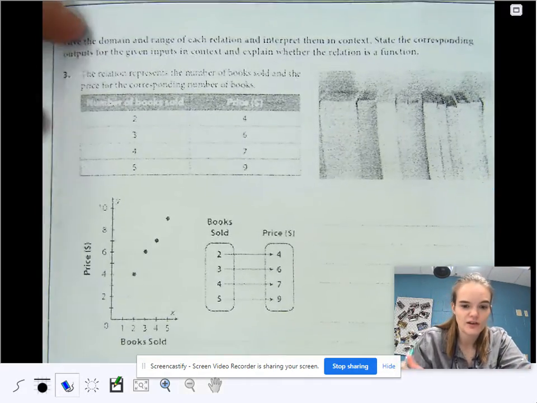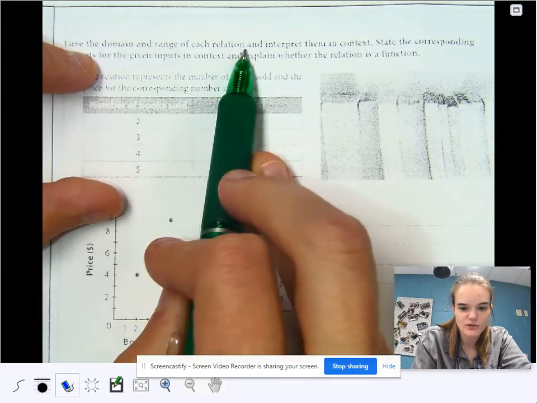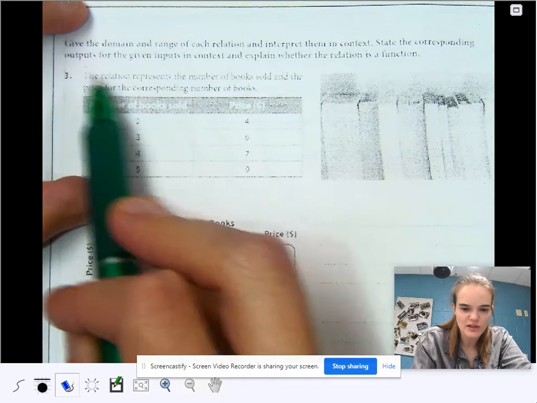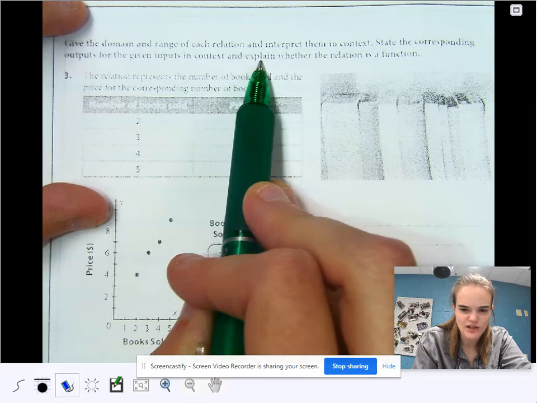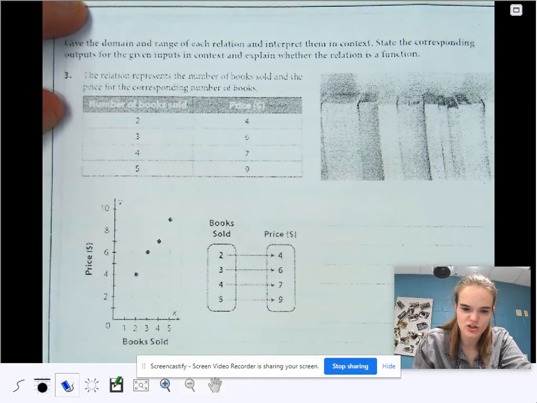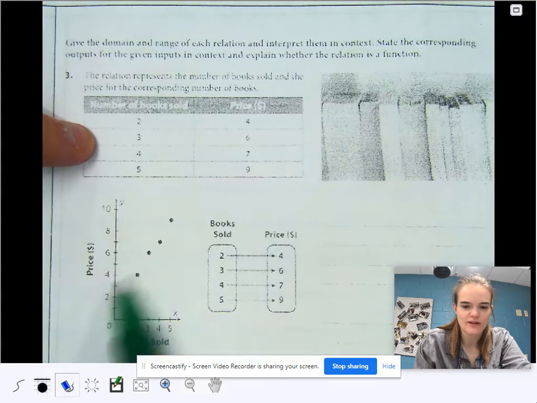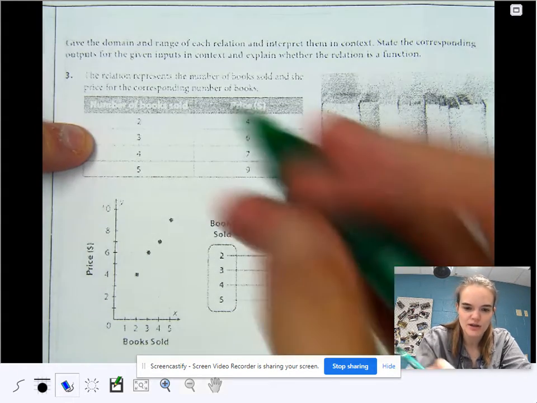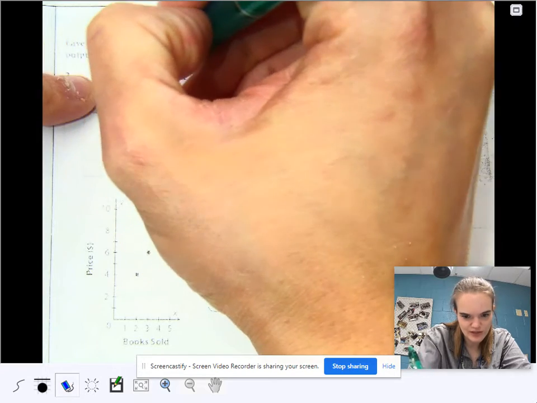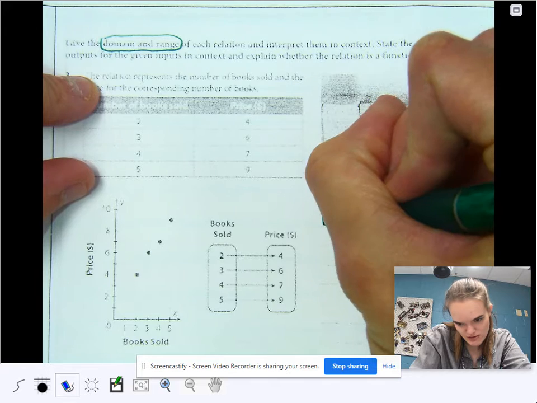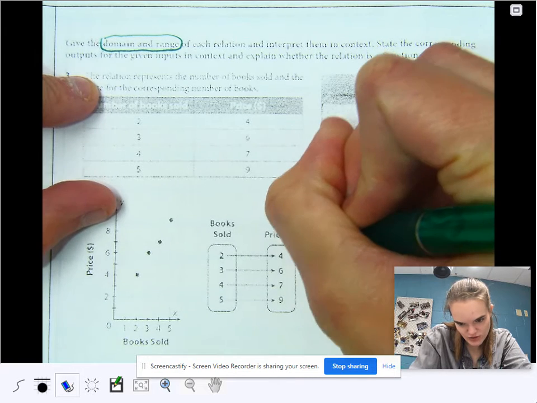All right, this says, give the domain and range of each relation and interpret them in context. State the corresponding outputs for the given inputs in context, and explain whether the relation is a function. By the way, all 3 of these go with the same thing. So let's first of all, it says first to give the domain and range. So we're going to do domain and range.